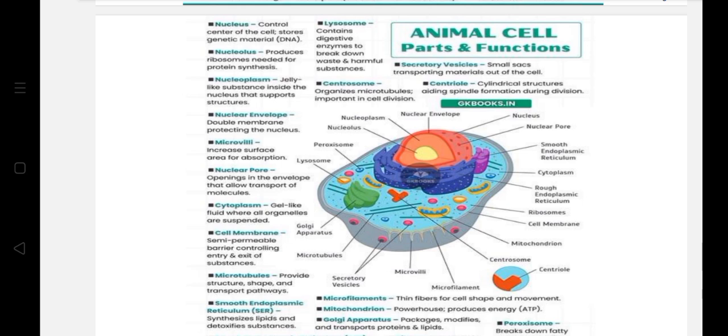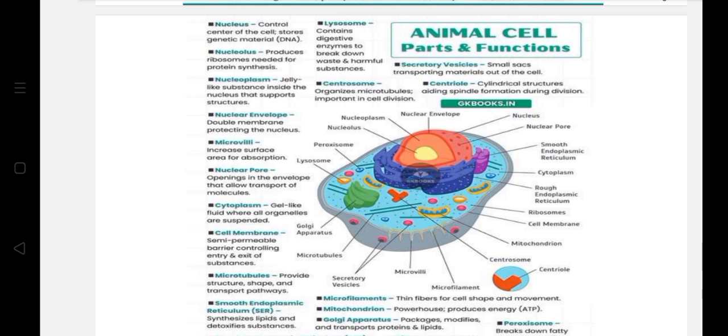Okay, remember, animal cells do not have chloroplast, so animal cells cannot make their own food. So the vacuoles of animal cells are small. Okay, animal cells may have small vacuoles, but not the large central one found in plants.